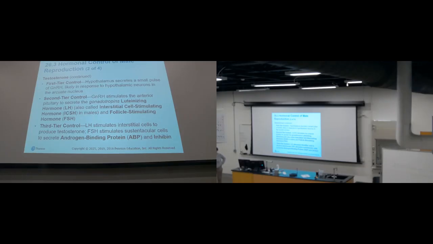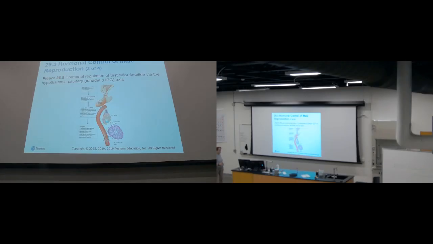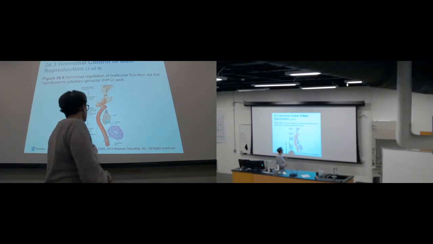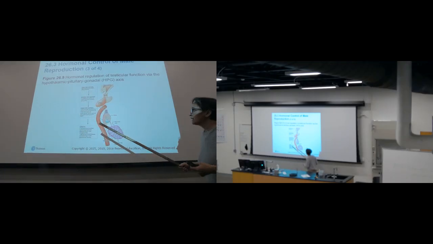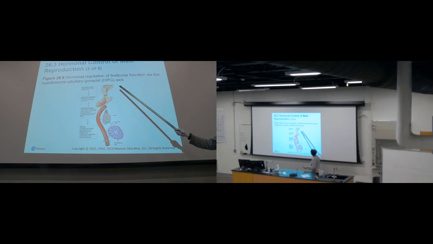And then FSH will also reach the testicles, but it stimulates the sustentacular cells to secrete androgen binding protein and inhibin, so that you don't secrete more of these hormones through long negative feedback inhibition.